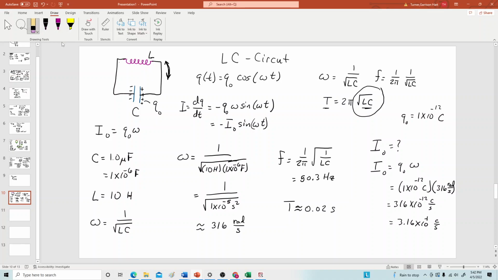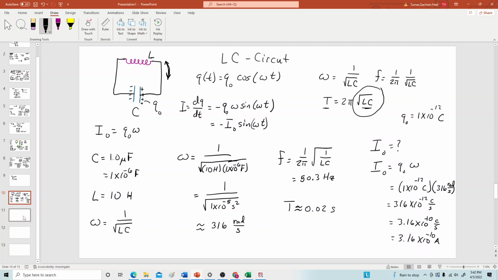And let me write this a little bit better. So there's an explicit example of oscillations in the LC circuit and some of the types of information you can draw from it.